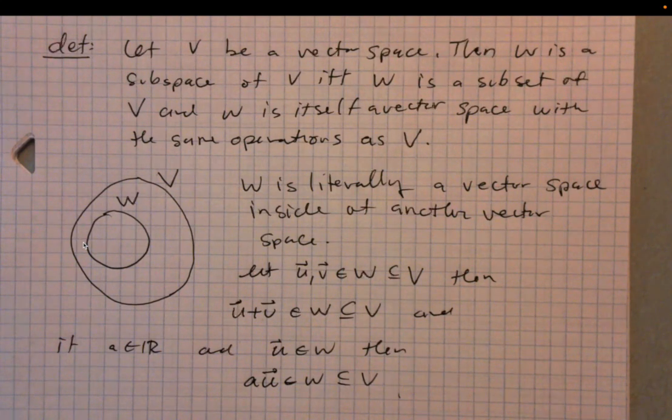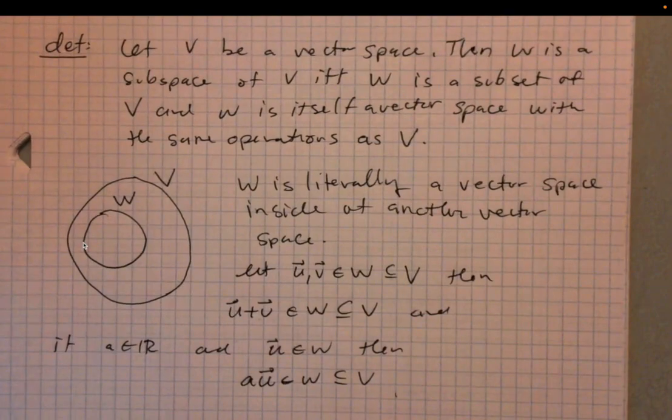Obviously, the objects of a subspace represent a subset of some larger vector space. But in addition to just being a subset, you have to have this closure property. A quick way to say that is W itself has to be a vector space, which means you can't get outside of W using the normal operations of scalar multiplication and vector addition.